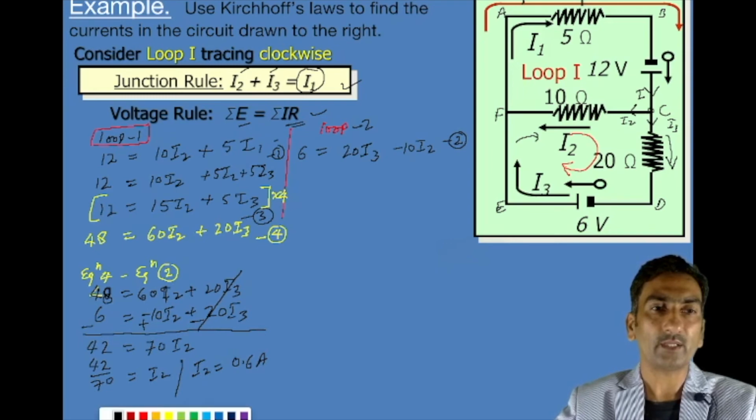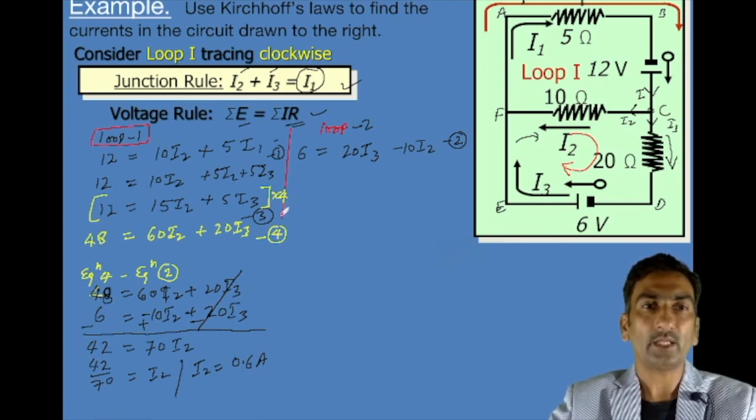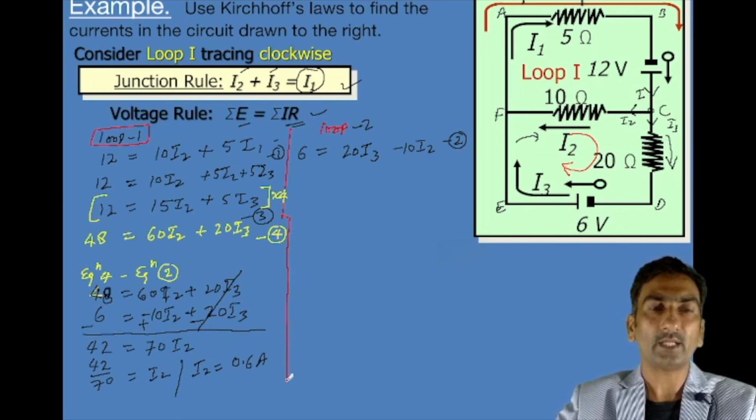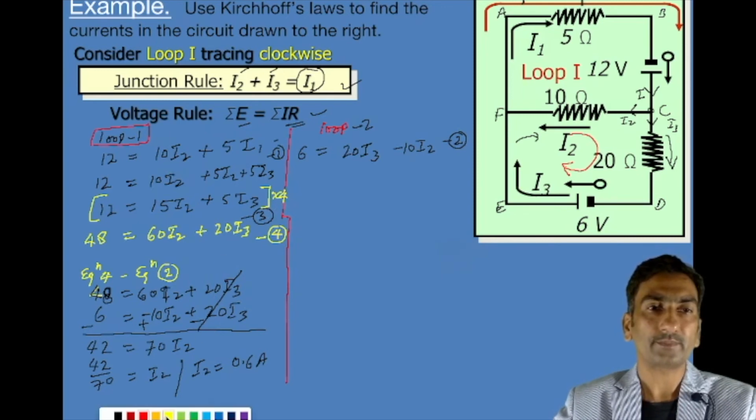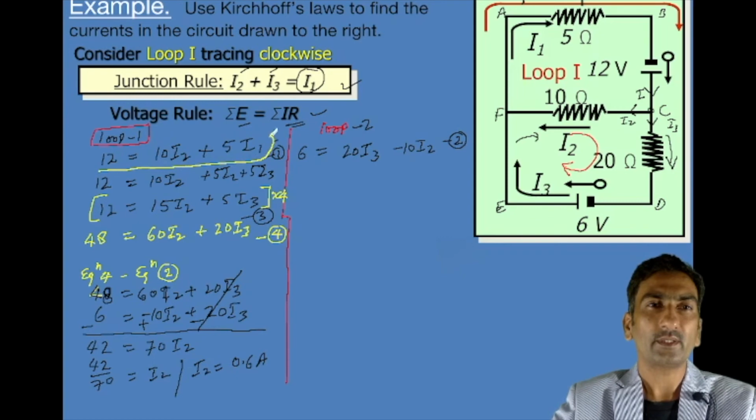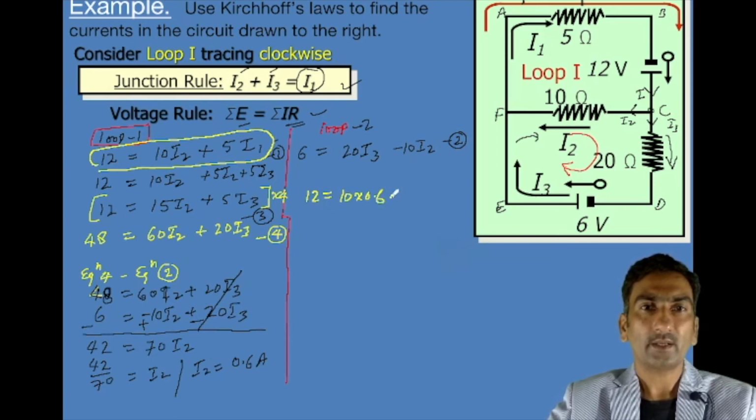So now we got the I2 here. Now we have to calculate other two currents, I1 and I3. So for that we can use equation number 1. In equation number 1 we can calculate I1 here. So we can write it again. 12 is equals to 10 times 0.6 plus 5 I1, and you got it here, right?